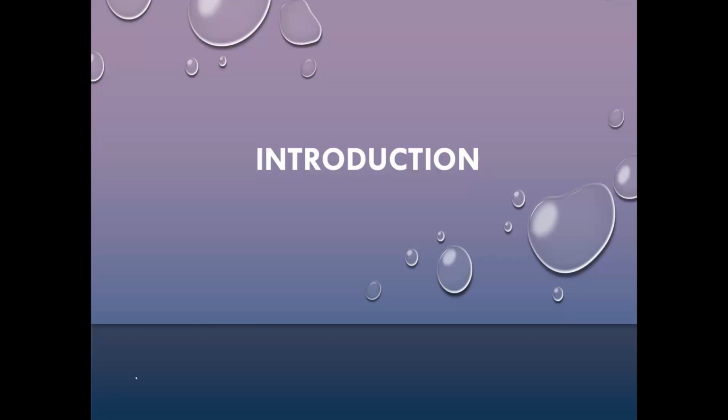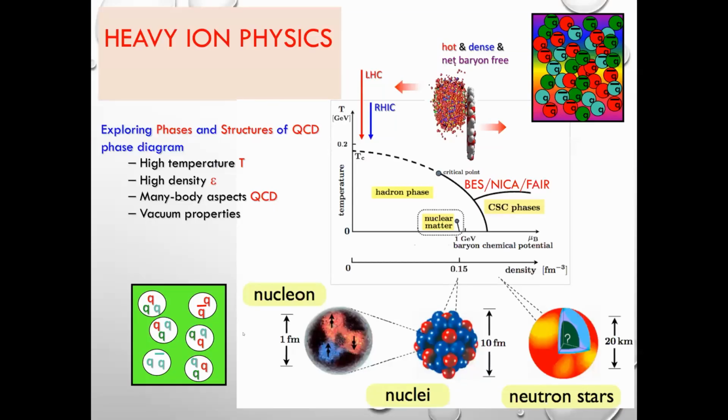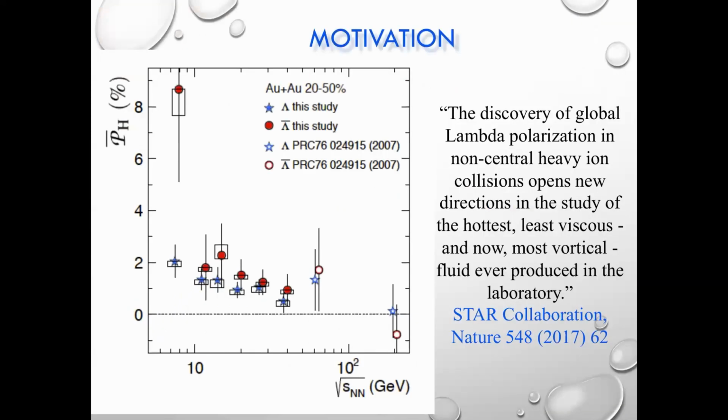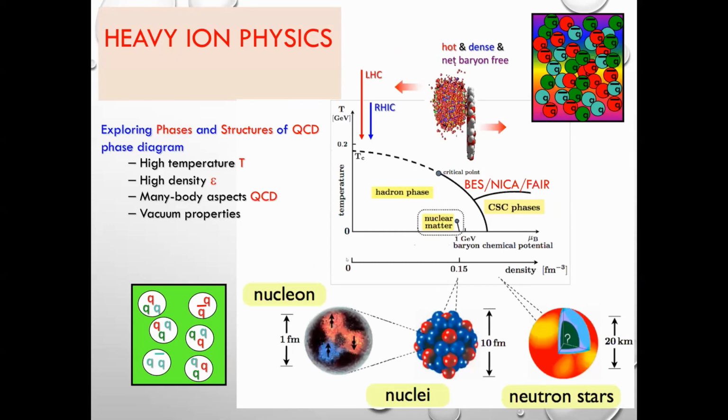Yes, introduction. Since the name of this session contains phase diagram, I have to show this phase diagram, and we can see that 20 years ago, 15 years ago, the main slogan of our community was to go to higher and higher energies.